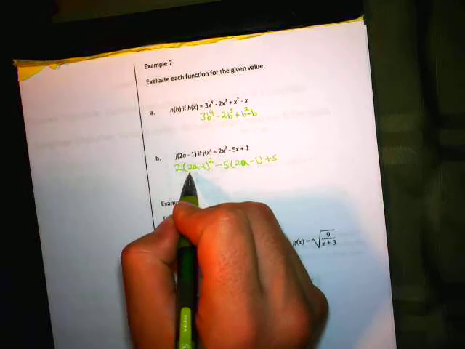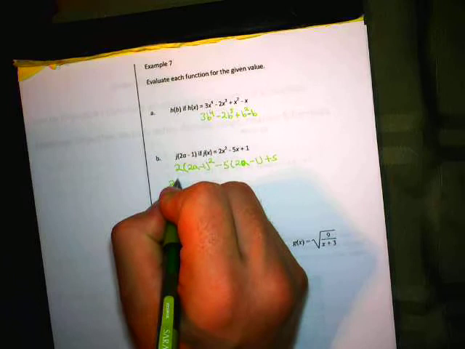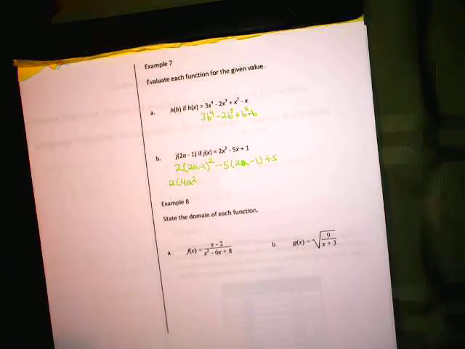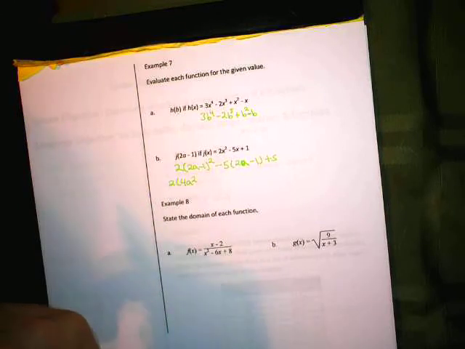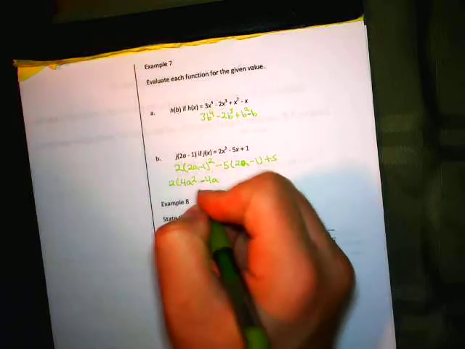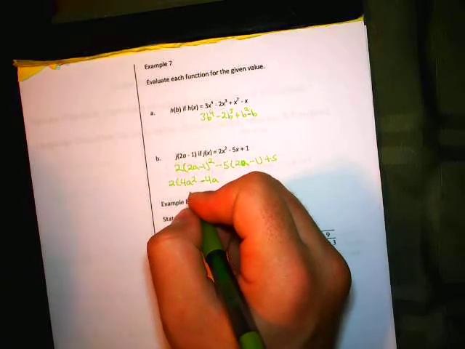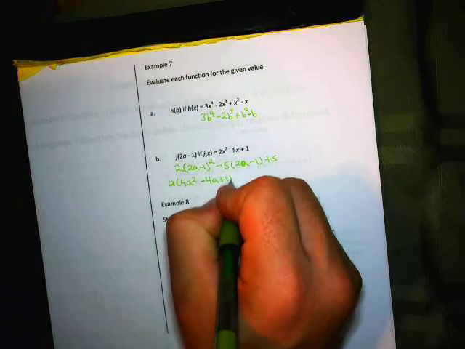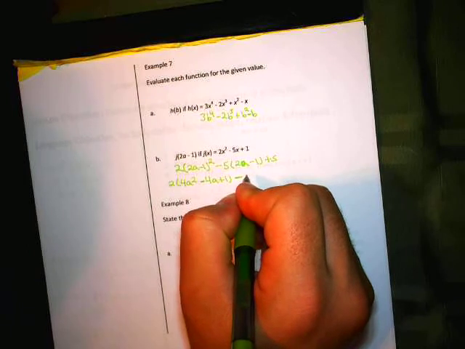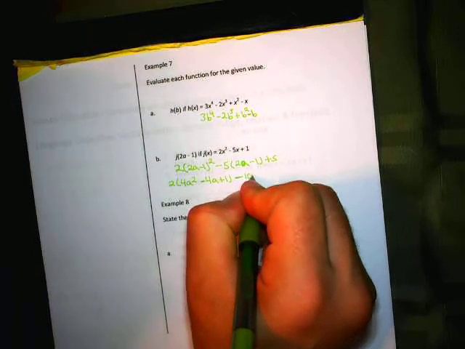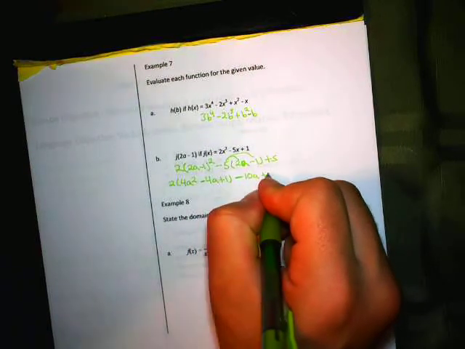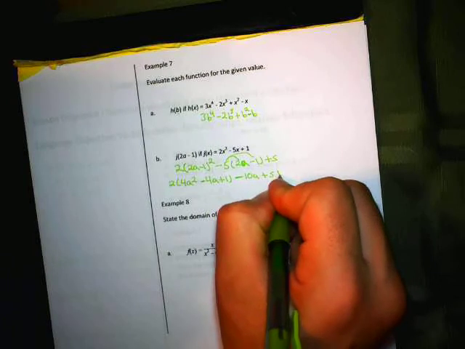2a times 2a is going to give me 4a squared, then 2a times a negative 1 is going to give me a negative 2a, and 2a times a negative 1 is going to give me another negative 2a, for a negative 4a, and then a negative 1 times a negative 1 is going to give me that final positive 1. Then we're going to have minus 5 times 2a, which is 10a, because we're distributing here, plus 5, plus 1.